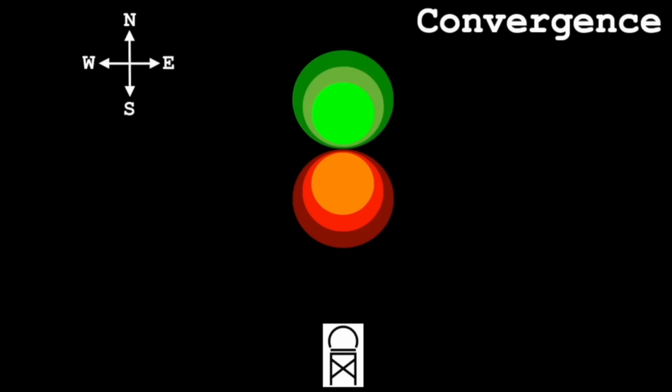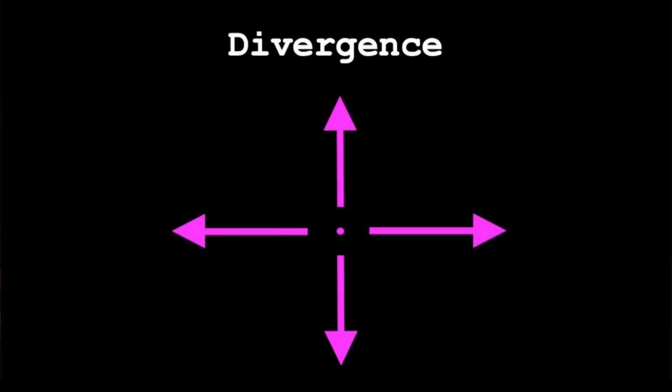In radar velocity data, that would look something like this, with the area of inbounds on the far side relative to the radar and the area of outbounds on the near side. You can see how this represents convergence. The winds within the couplet are blowing toward each other. On the other hand, divergence happens when winds spread apart.